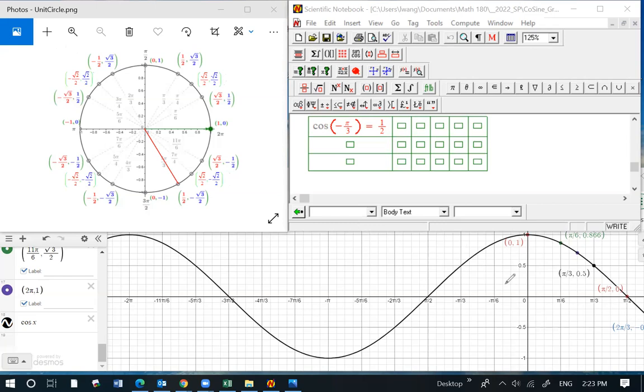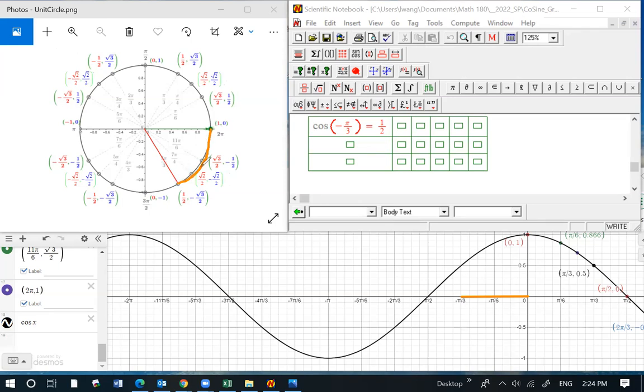Negative pi over 3 will be measured from the same place, the origin. Because it's negative, it's measured clockwise on the unit circle, and on the cosine curve, that arc length is pi over 3 measured clockwise.